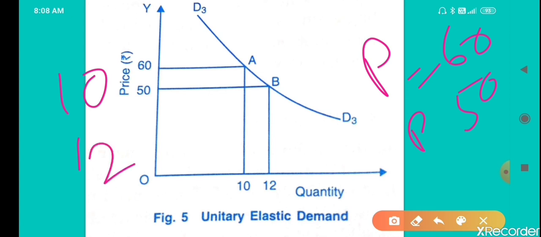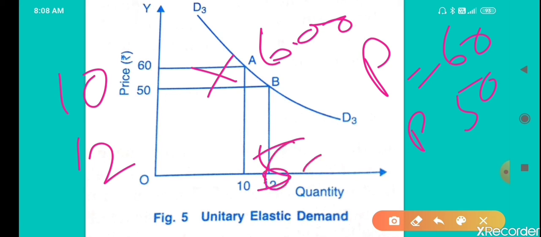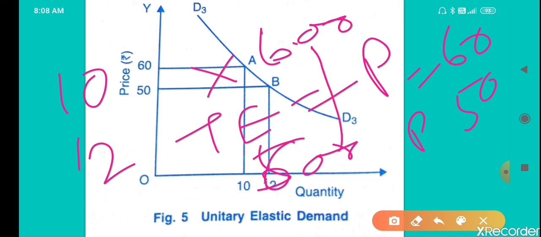So if you are watching, 60 into 10 is equal to 600 and 50 into 12 is equal to 600. So TE remains the same in both cases, 600 and 600. So EP will be unitary. So it is very easy. It means that after a change in the price there is no change in the total expenditure. In that case EP is unitary.